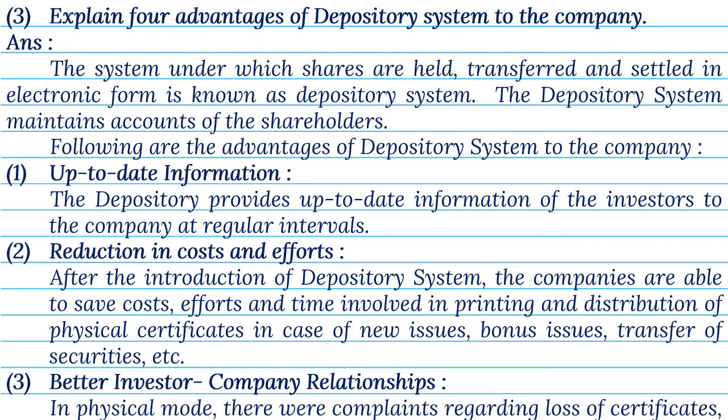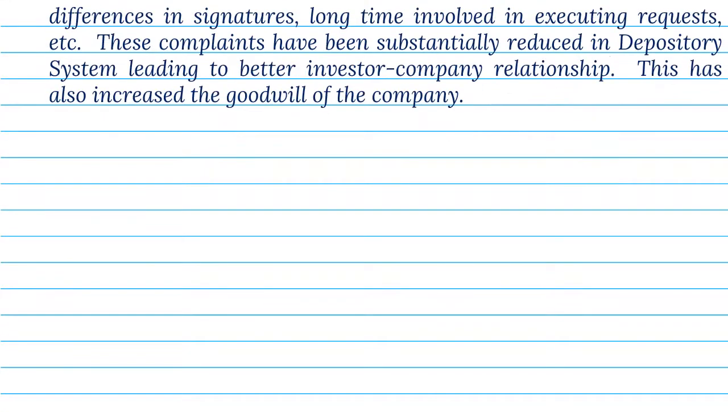In physical mode, there were complaints regarding loss of certificates, differences in signatures, long time involved in executing requests, etc. These complaints have been substantially reduced in depository system, leading to better investor-company relationship. This has also increased the goodwill of the company.